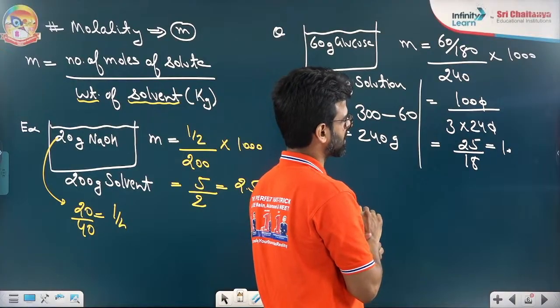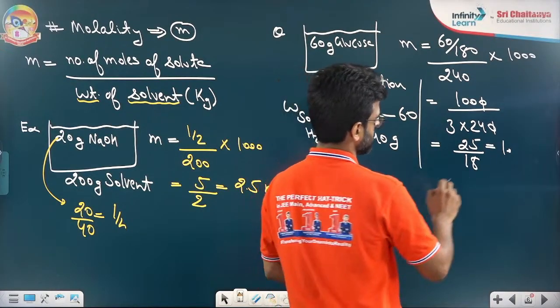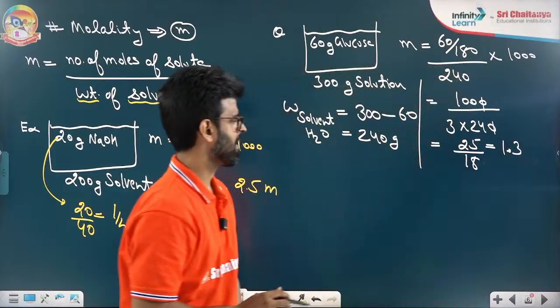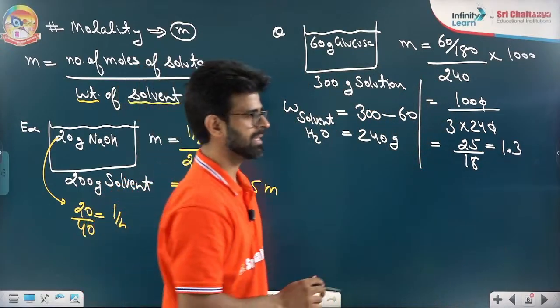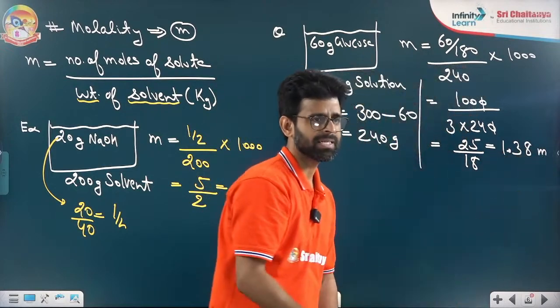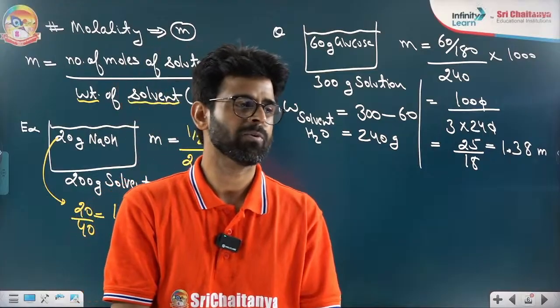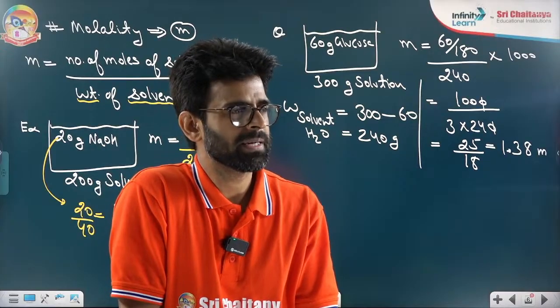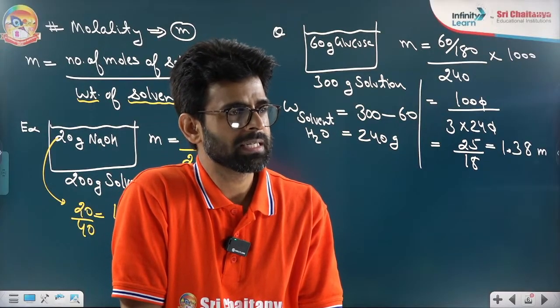Yes, 1.3 something will come. 1.38, right? Or 1.39 something. 1.38 molality. Shakeen gave the right answer. Yamini also right, beta. Lakshmi also right.